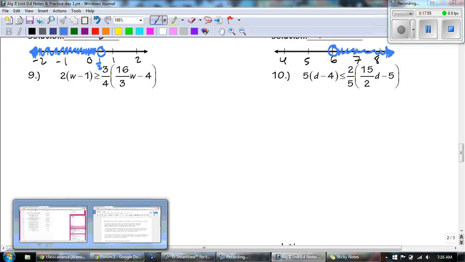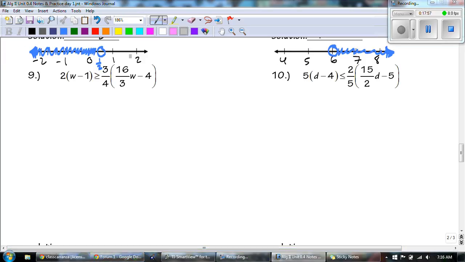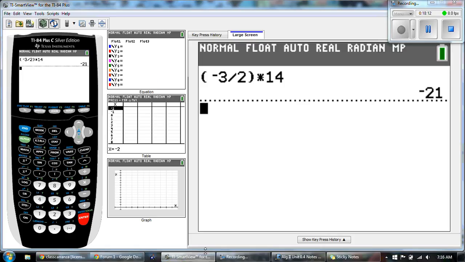All right, number 9. Once again, don't be scared because of the fractions. Distribute the 2. We get 2w minus 1. And then technically you can do that in your head by crossing things out, but I know some of you guys get freaked out by that. So it's just 3 divided by 4.